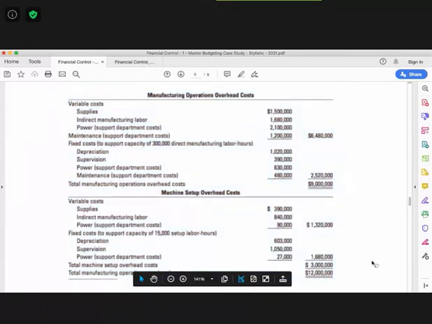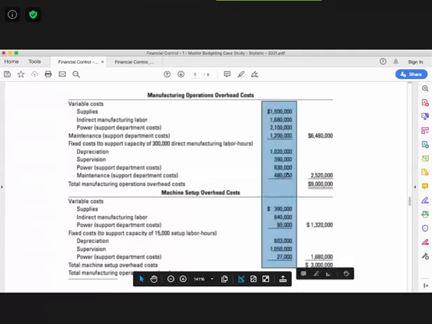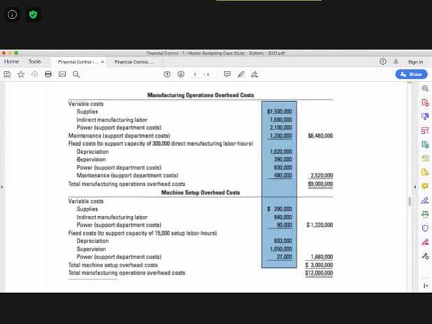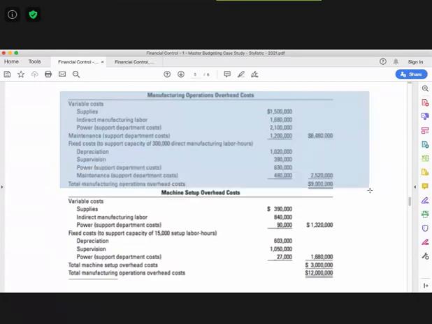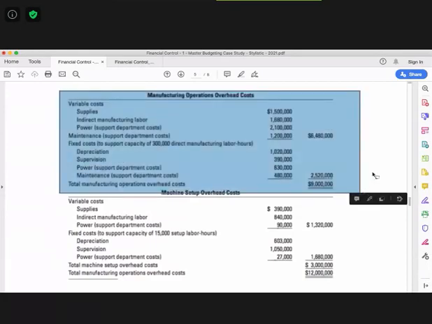Where do they come from? They come from what we see in the financial accounting. You can see supplies, indirect manufacturing labor, power, maintenance, depreciation, supervision, and so on. We identified in the financial accounting that these costs are linked to the manufacturing activities.